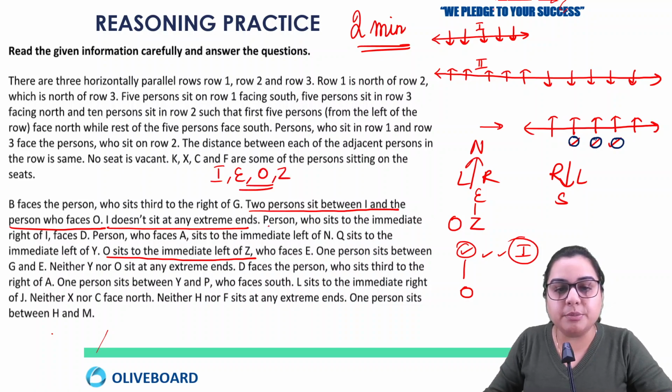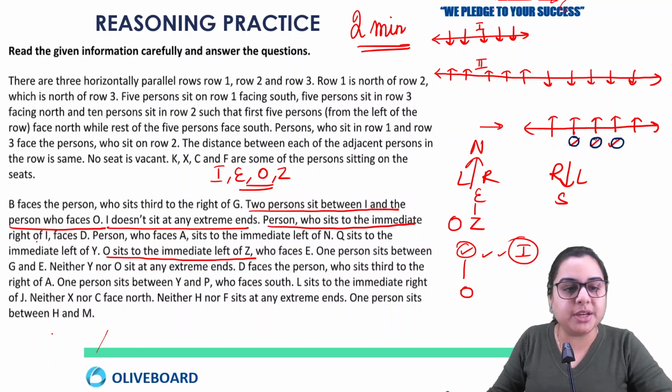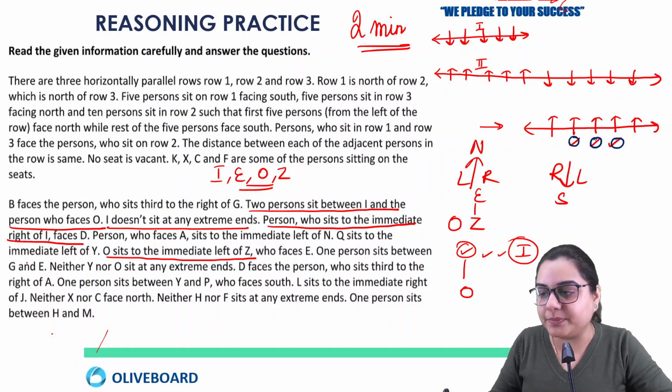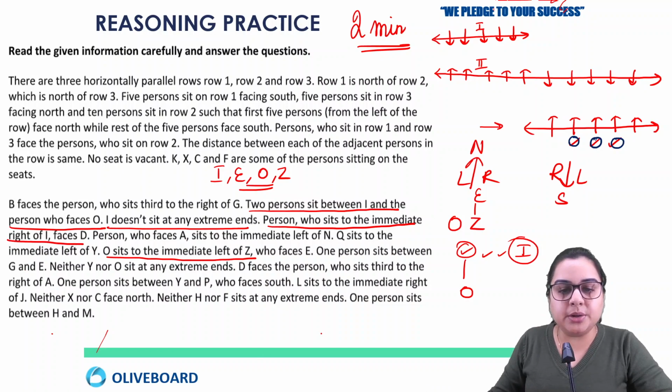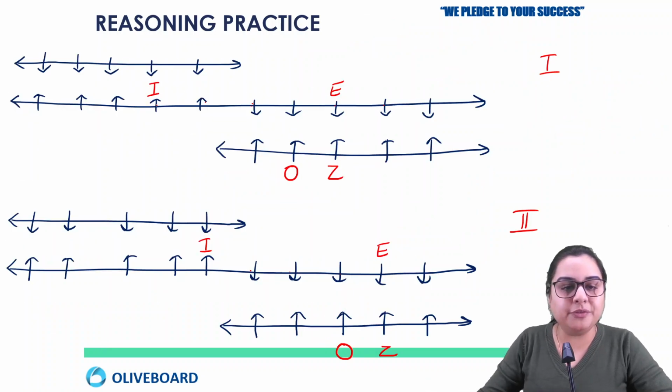So here we have the person who sits to the immediate right of I faces D. Now if I is facing north, the person who sits immediate right of I faces D. This is what it means. So in first possibility, D will come here.